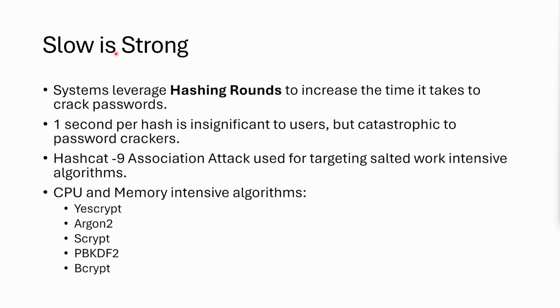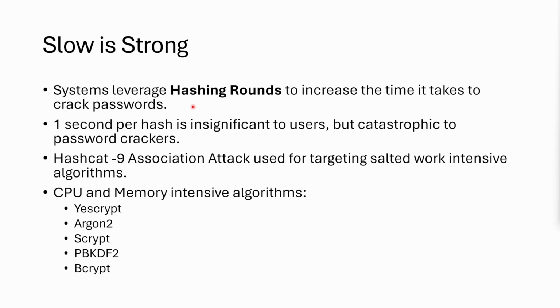Slow is strong. This is a phrase relating to passwords; you may have heard length is strength. That's on the requirement side. Slow is strong is on the hashing algorithm side. Systems leverage hashing rounds to increase the time it takes to crack passwords.